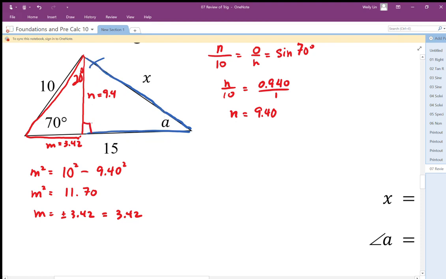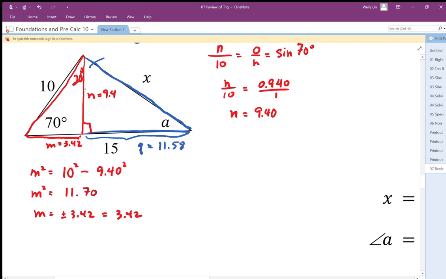However, this side in here is just the difference between the long side of 15 and the M that I just calculated. So 15 minus that M value, we'll call this Q. That length of Q is going to be 11.58.